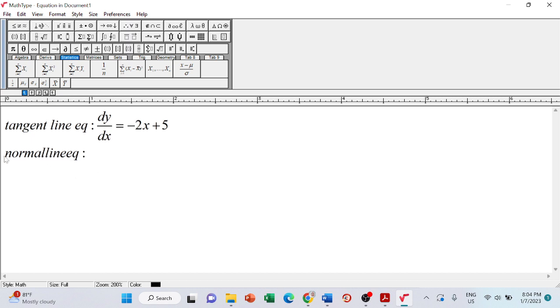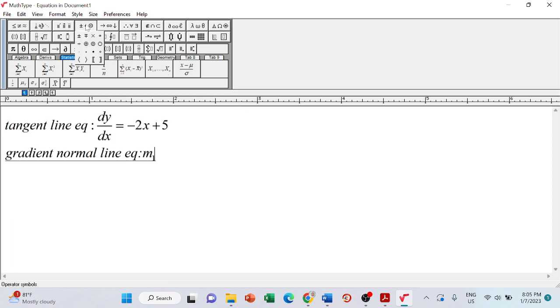The concept for the gradient, the property is M1, where M means gradient, times your M2 will equal to negative 1.